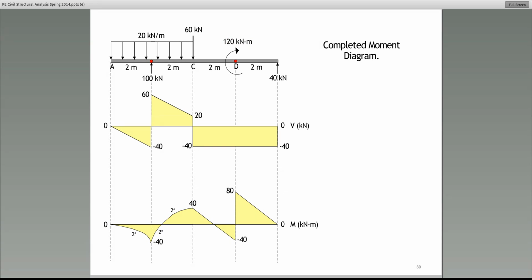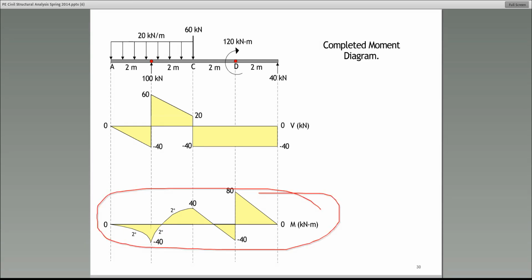Let me ask you a question. They may give you this moment diagram and ask you, what is the maximum moment in this beam? So tell me, if I give you this moment diagram and I ask you, please tell me what is the maximum moment, what would you say? Okay, 80 kilonewton. Many of you, Arash, Paul, Brian, you are saying 80 kilonewton.